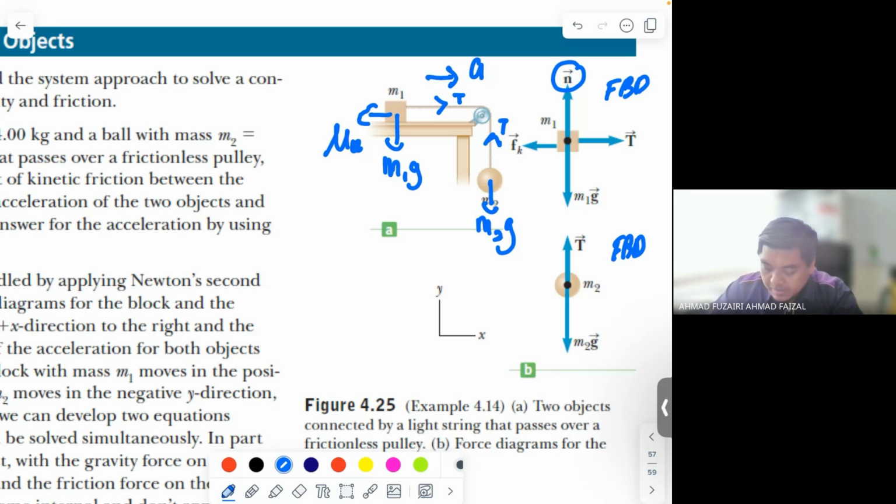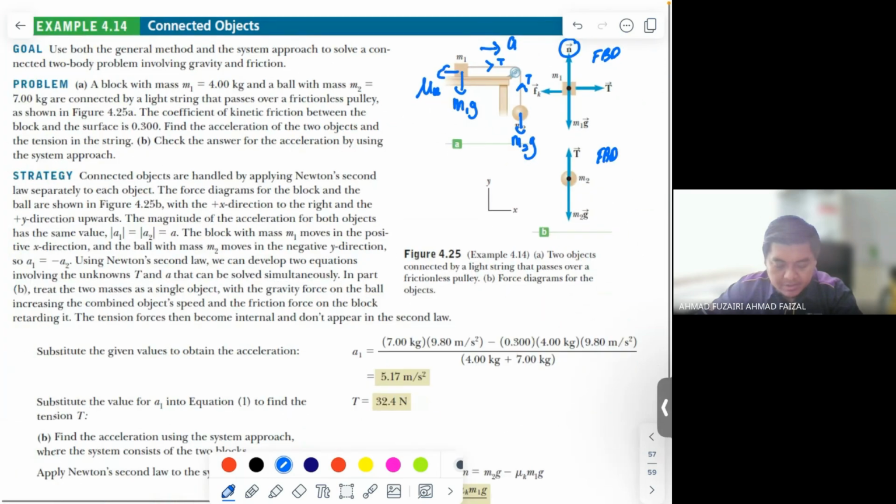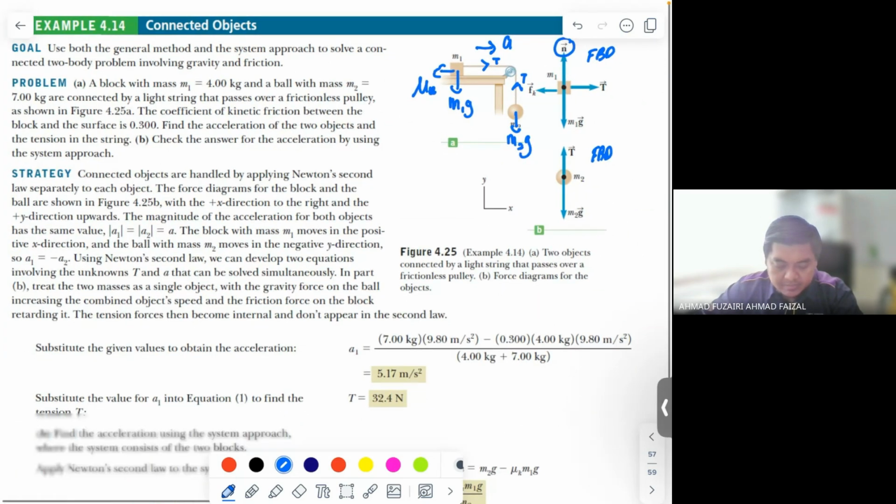Now you may see the system of M1G and M2G. As mentioned here, we need to find the accelerations of the two objects and the tensions in the string.